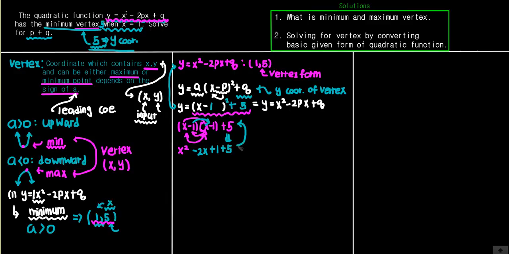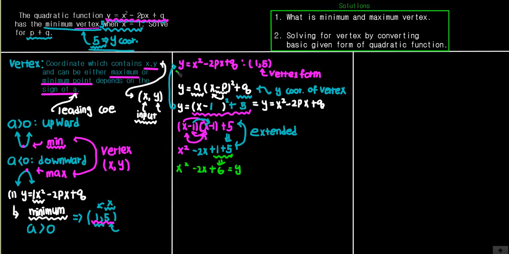What we did is expand this form to figure out our original form. Now we can finish by adding 1 and 5, which gives us a positive 6, plus negative 2x, plus x squared. That is equal to y, which is our basic function.